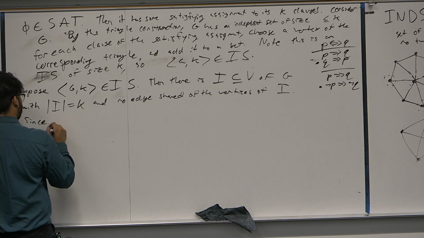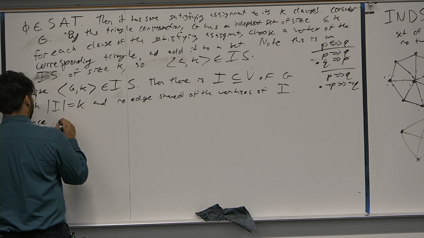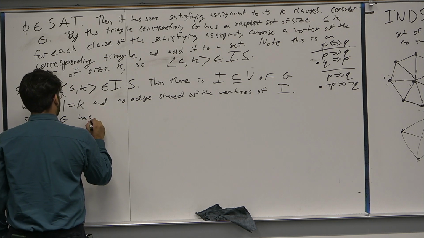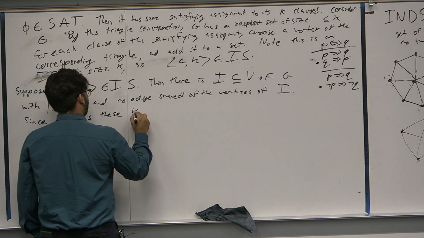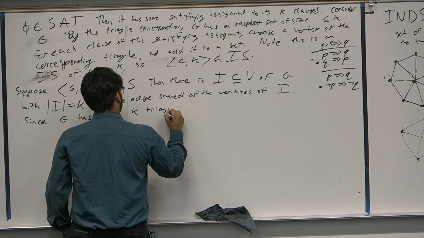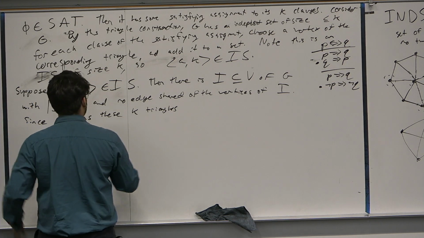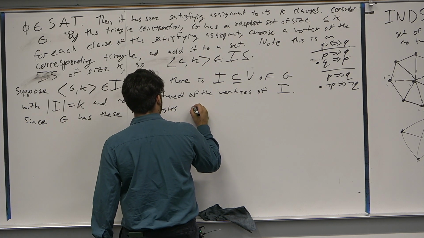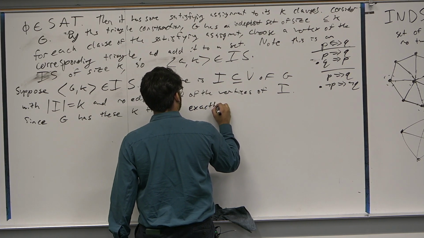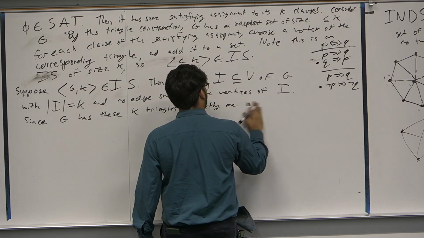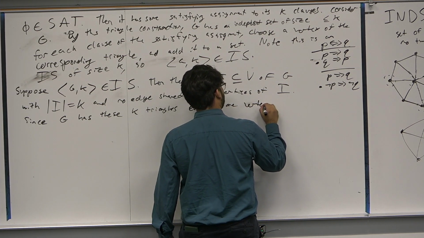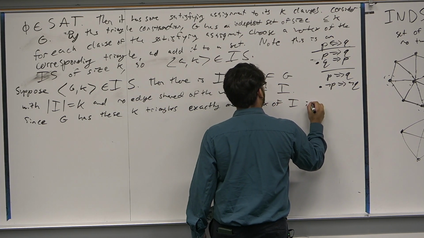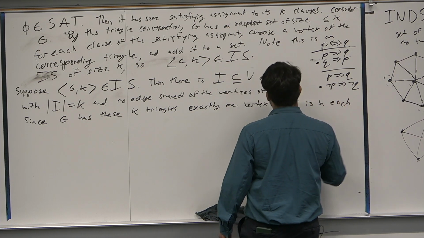Since G has these K triangles, and yes, we can call this line a triangle, it's fine, exactly one vertex of I is in each triangle.